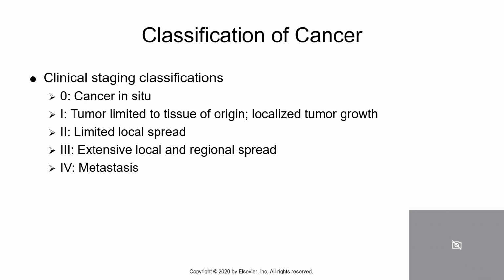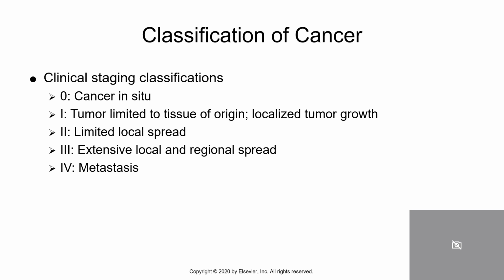In regards to clinical staging, which is what I really want y'all to be familiar with, it runs from 0, which is cancer in situ, up through 4, which is metastasis. This is the amount that the cancer has spread.